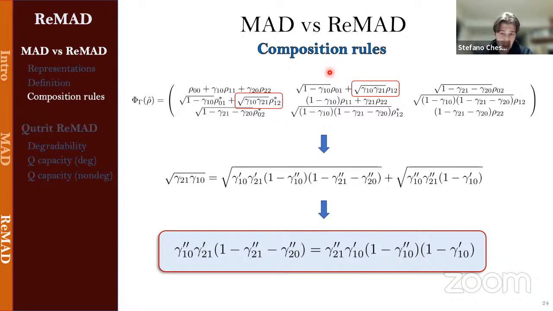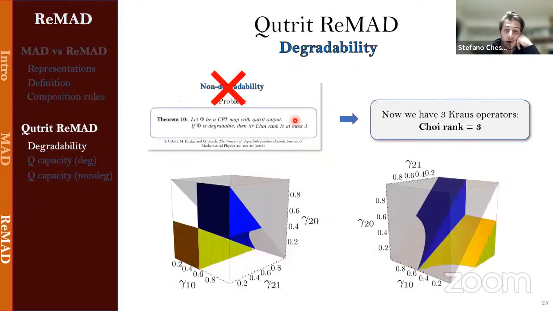So this is not the only difference that we get for resonant multi-level amplitude damping channels from this difference in behavior for the coherences. Also, the analysis of degradability now changes because, as we saw before, the degradability for the multi-level amplitude damping channel was forbidden by this theorem from Cubitt, Ruskai and Smith because of the Choi rank, basically, because for the multi-level amplitude damping channel we had a Choi rank equal to 4.